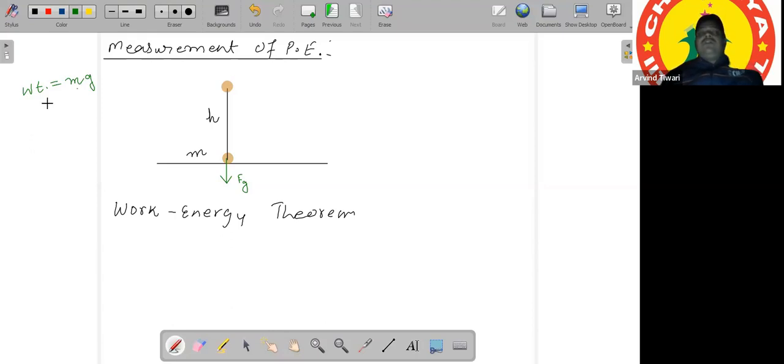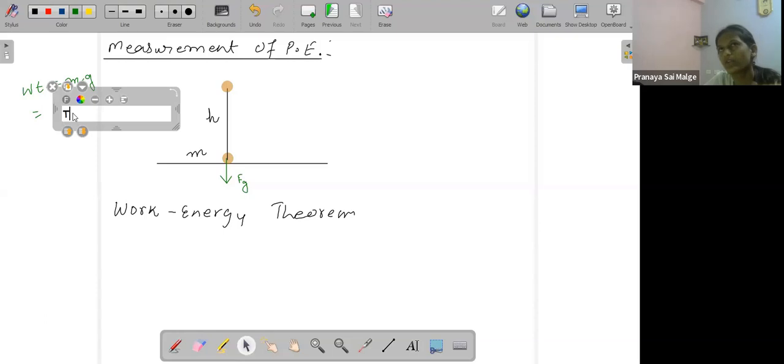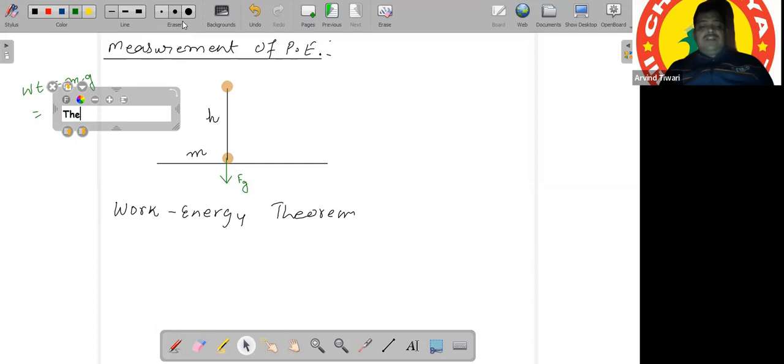But have you searched what is the definition of weight? How do we define weight? It is defined as the force with which gravity pulls an object.